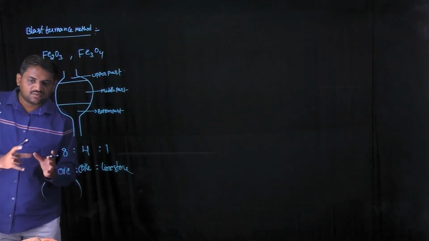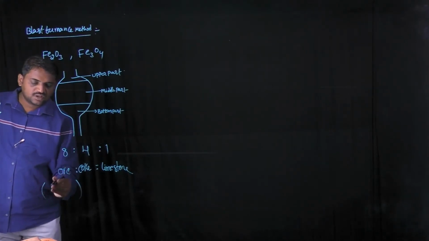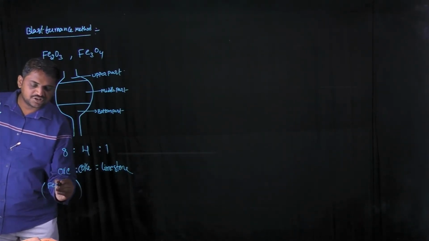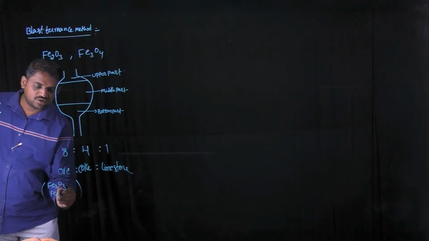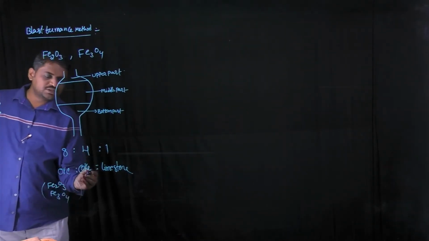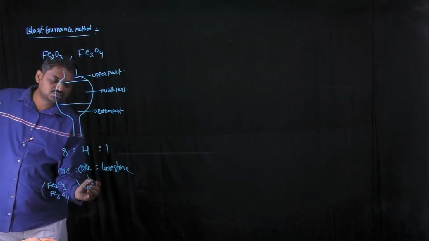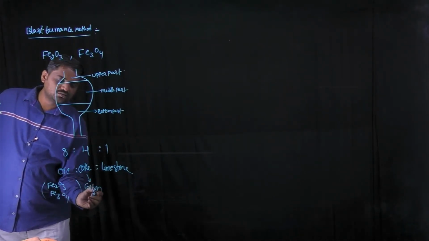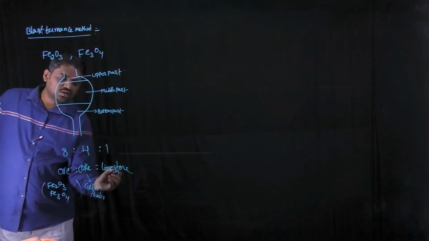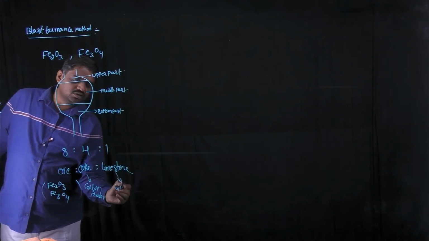The ore is in amorphous form, like hematite and magnetite. These two act as iron ores, coke is a carbon powder, and limestone is calcium carbonate.